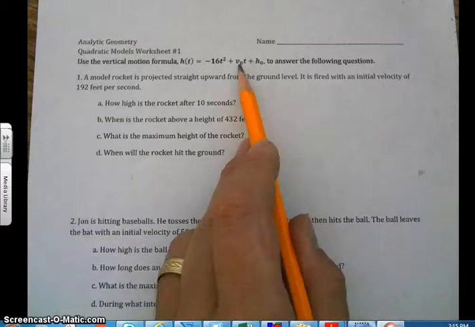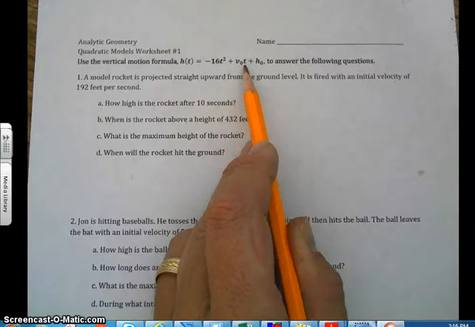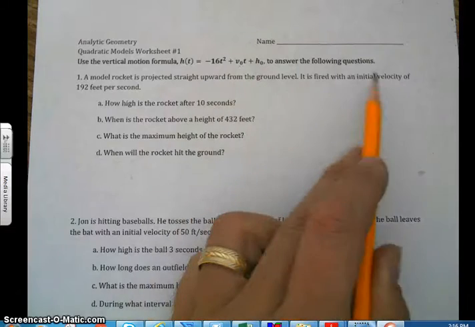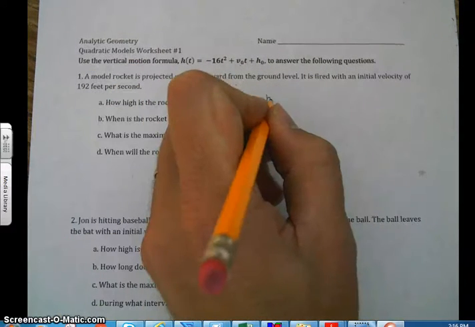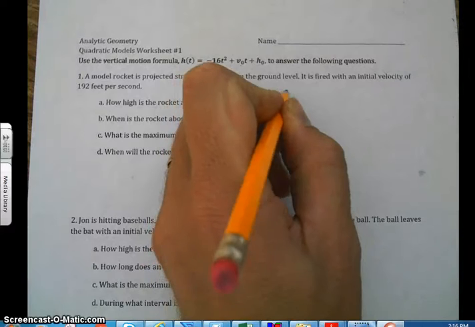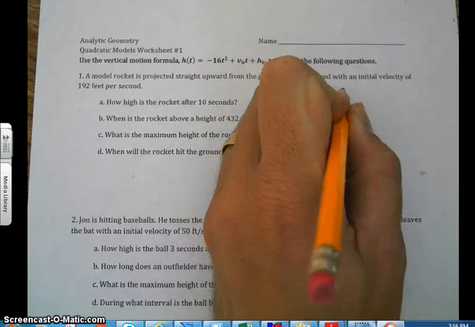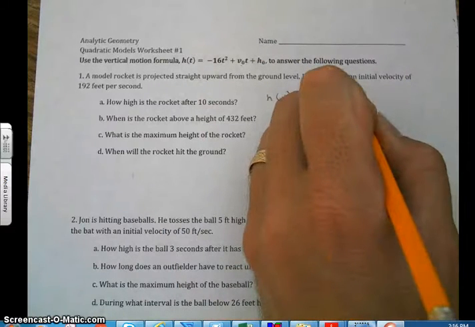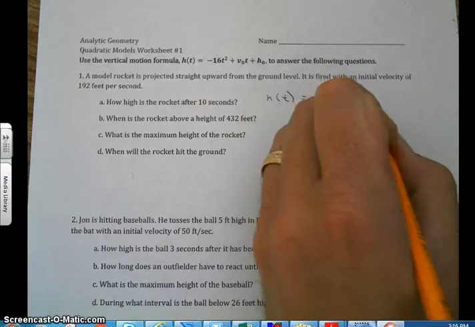Your initial velocity, V subscript 0, represents your initial velocity, so it's going at 192 feet per second.